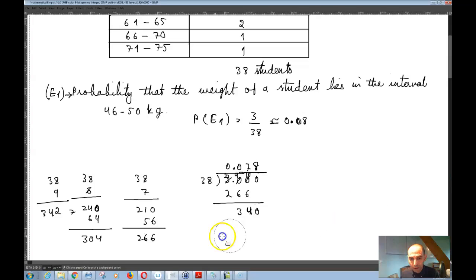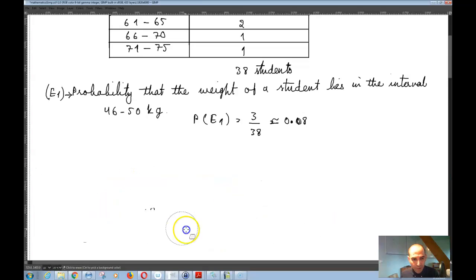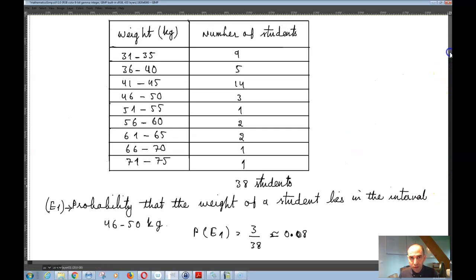Okay. Now, another part of this question: give 2 events in this context, one having probability 0 and the other having probability 1. Probability 0 means that some event has not happened.